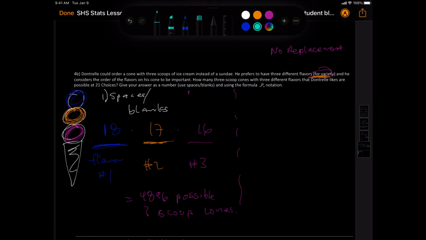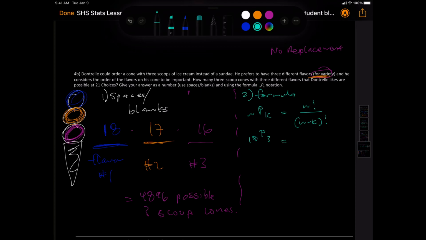Okay, let's go ahead and try number 2. Let's use the formula. nPk is n factorial over n minus k factorial. So how many can he choose from? Well, there is 18, and he's picking how many of these different flavors? He's only choosing 3.